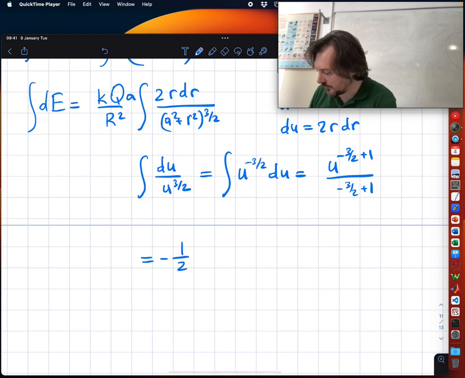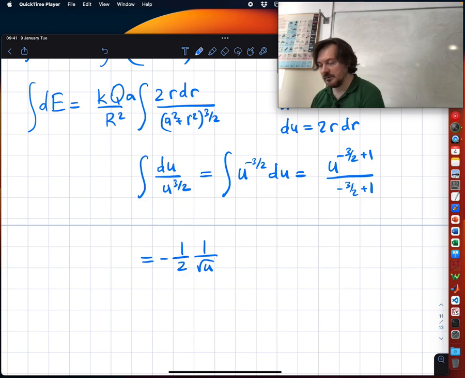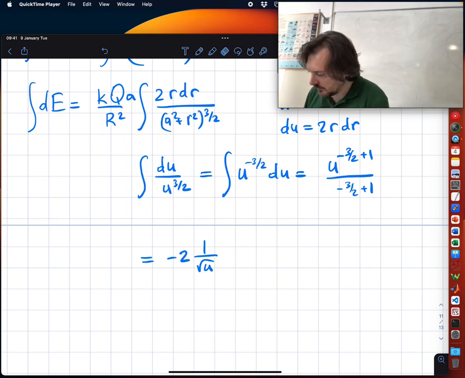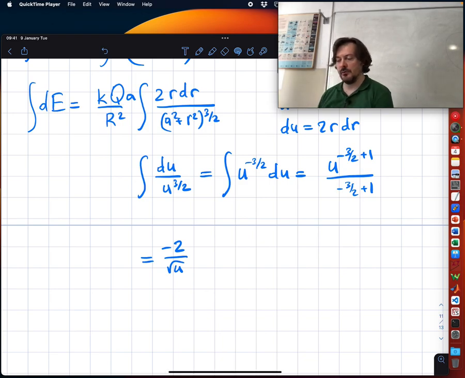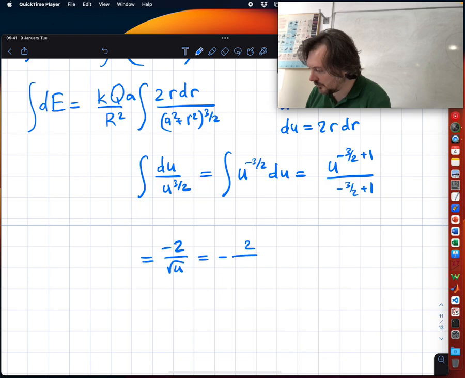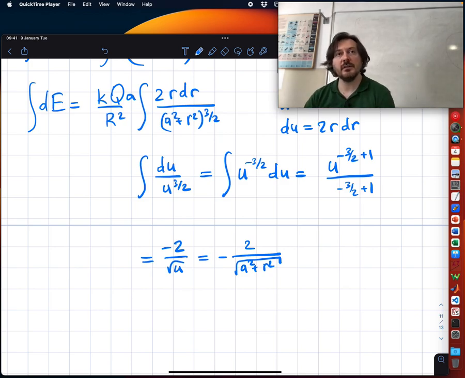Minus 1 over 2, 1 over root u. Is this correct? No, it's not correct. It's minus 2, right? So, no problem at all. So minus 2 over square root u, which is minus 2 over the square root of a squared plus r squared. Any questions at this point?